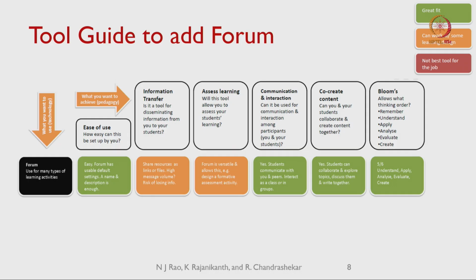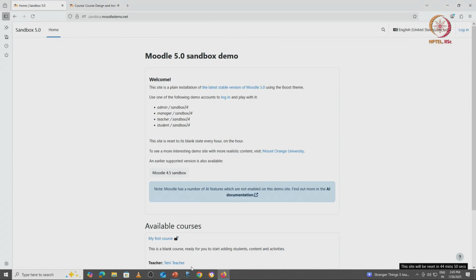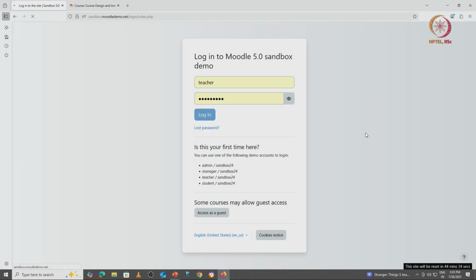Now, we will go to our Moodle site. Hope you remember that you had created this particular site and you had created the course, users, etc. Now, I will log in as teacher into the Moodle site.